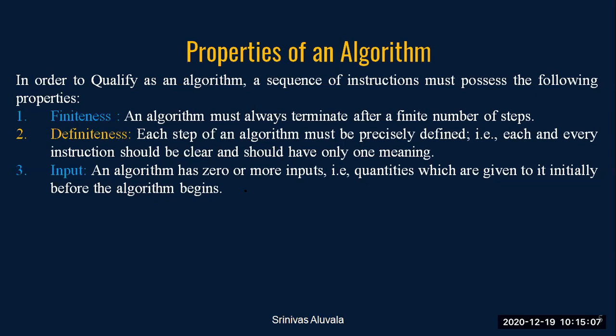If it has inputs, there can be zero or more inputs, and they need to be given or initialized before the algorithm execution starts. They are the initial things which are supposed to be given for an algorithm. So an algorithm should have an input.